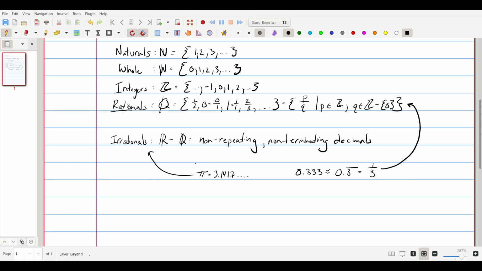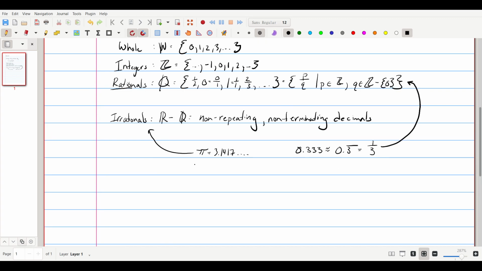Yeah, so let's throw out a couple of example numbers really quickly, and we'll discuss whether they're rational or not. We gave one example of the irrational numbers, right? But let's put a couple more.